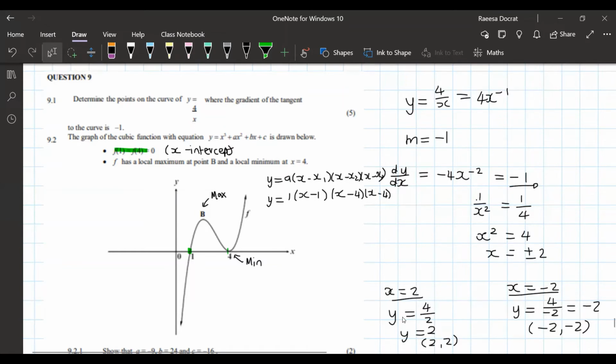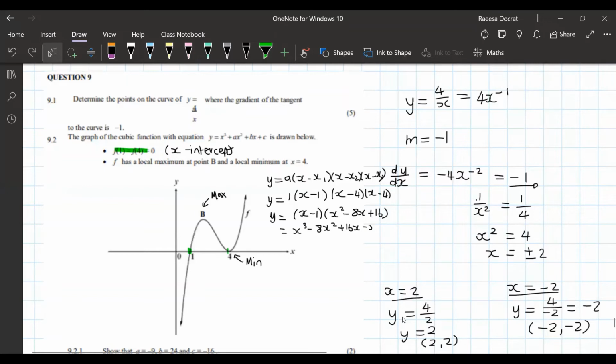So then all we're going to do is multiply out. So this here is (x minus 1) times (x squared minus 8x plus 16). Please remember to FOIL that. And then we're going to distribute the x. So we get x cubed minus 8x squared plus 16x, and then we're going to distribute the 1.